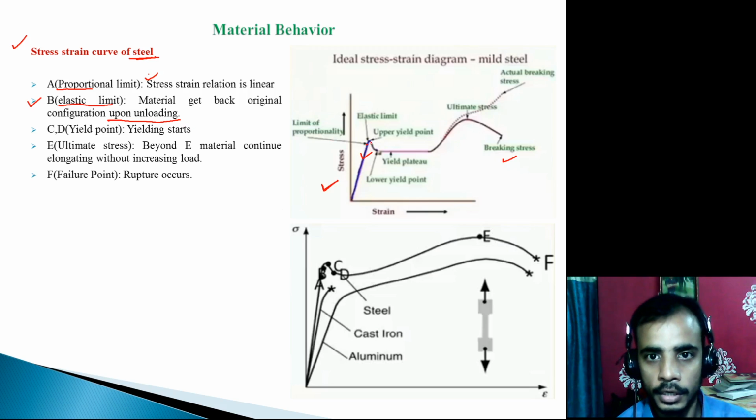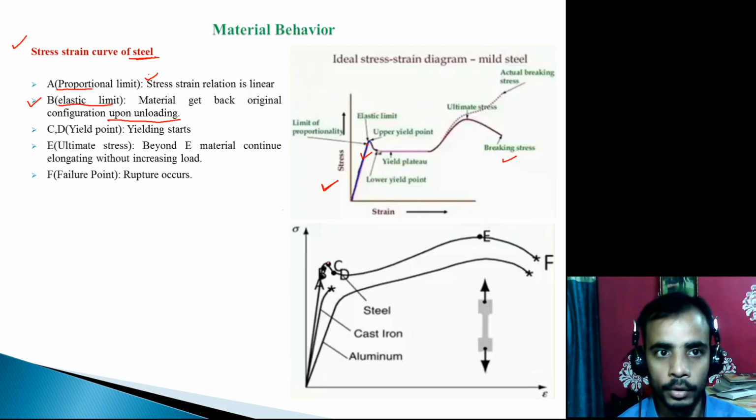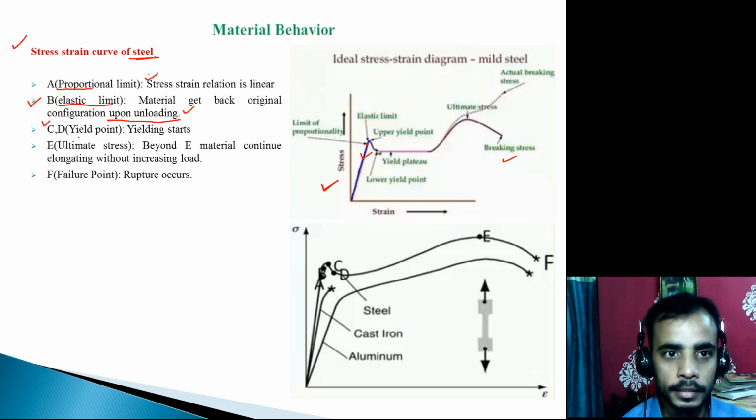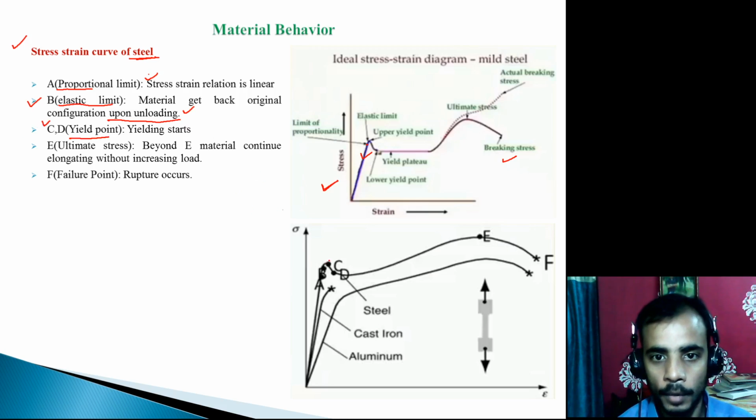So the elastic limit is the limit within which, if you apply load on the body, then after removal of the load the material gets back its original configuration upon unloading. Okay, clear? And C D is the yield point, so C is the upper yield point and D is the lower yield point.